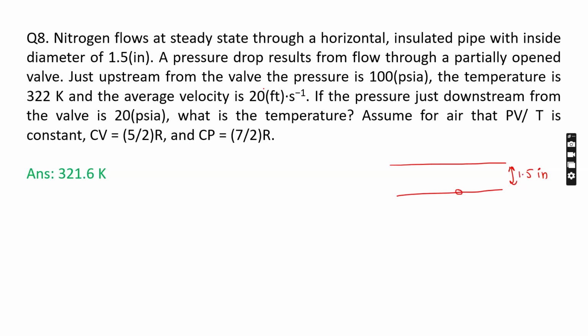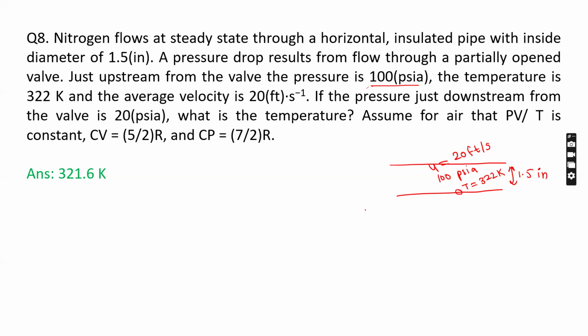Just upstream from the valve, the pressure is 100 psia. Here A means absolute pressure. The temperature is 322 Kelvin and the velocity U is 20 feet per second.